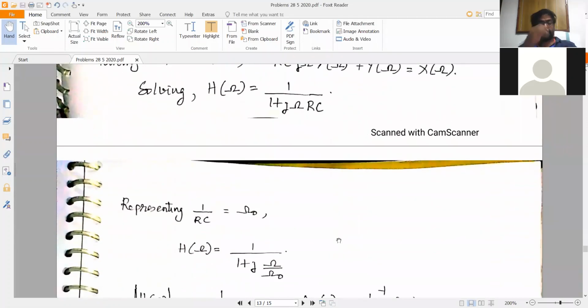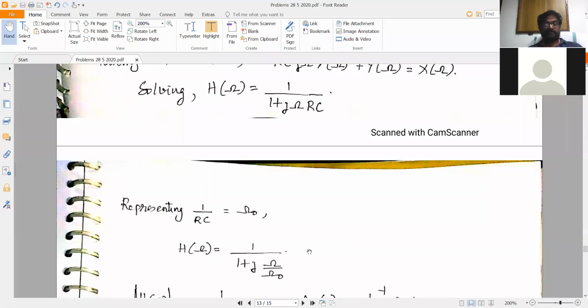Now I will represent this frequency response in a simplified manner by letting 1 by RC equal omega 0. So H(omega) is equal to 1 by 1 plus j omega by omega 0.